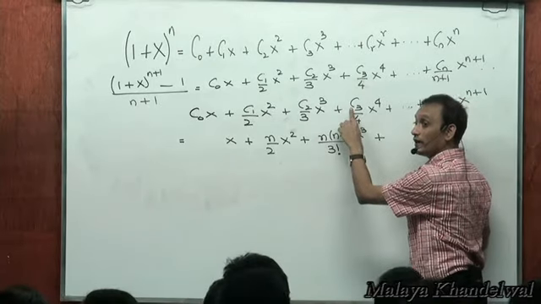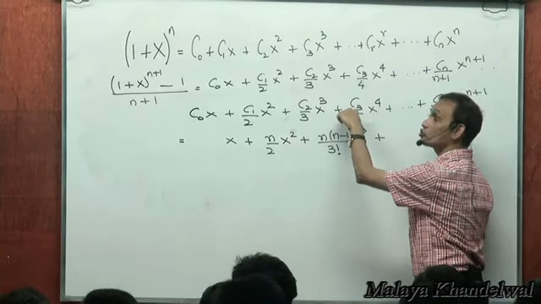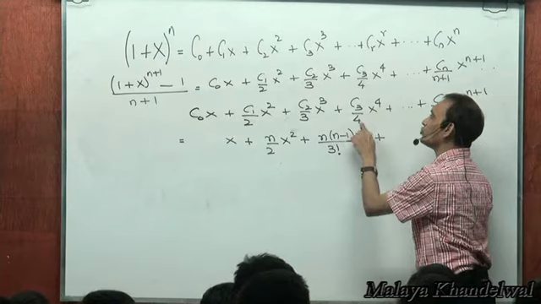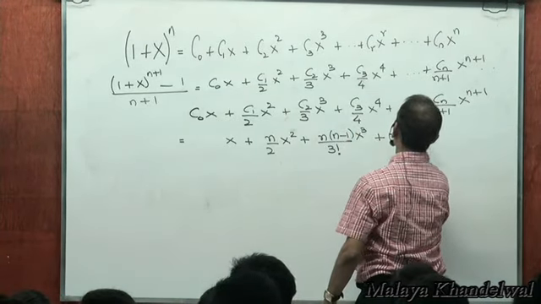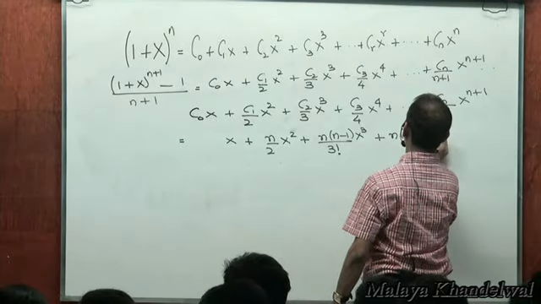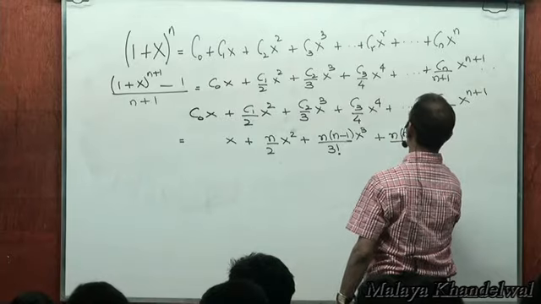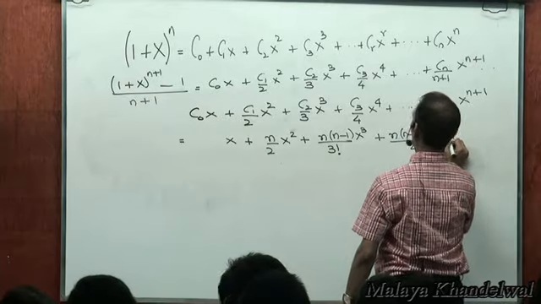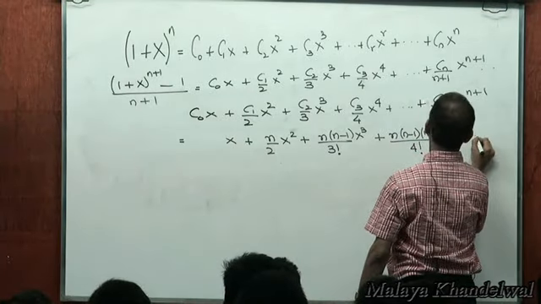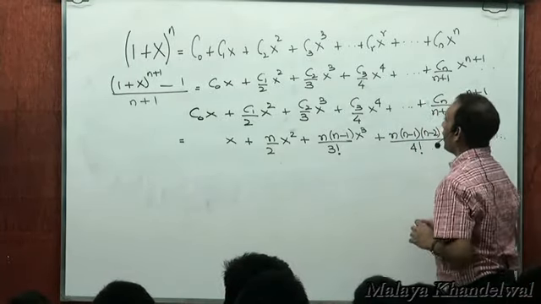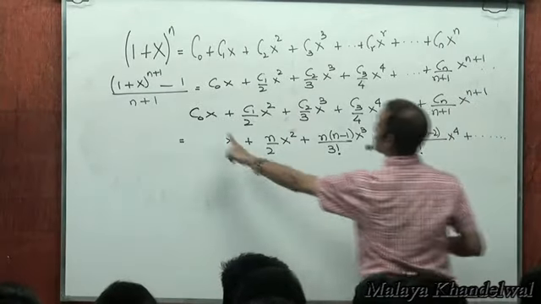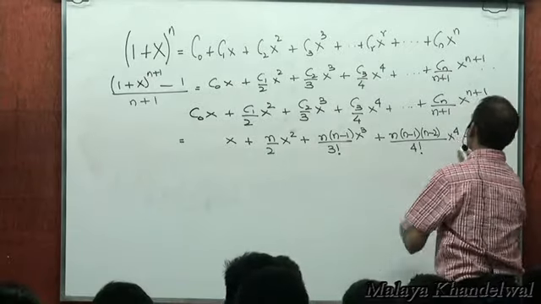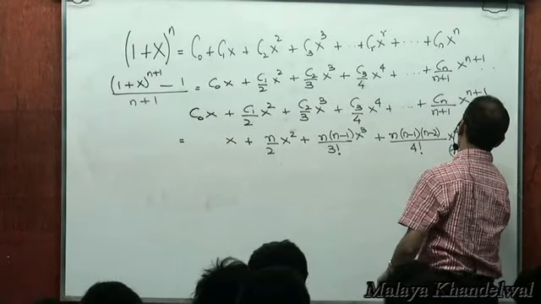Then n into n minus 1 into n minus 2 by 3 factorial; 3 factorial into 4 would be 4 factorial, right? How many terms here? N plus 1 terms. C0 to Cn is n plus 1 terms. Yes or no?